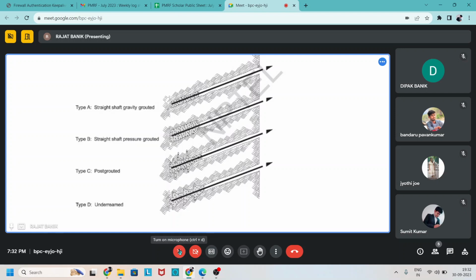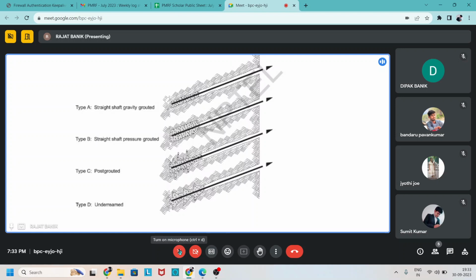Then post grouted means after inclusion of the anchorage, we apply the grouting material afterwards. Like that way we use it, and then the under-ream.